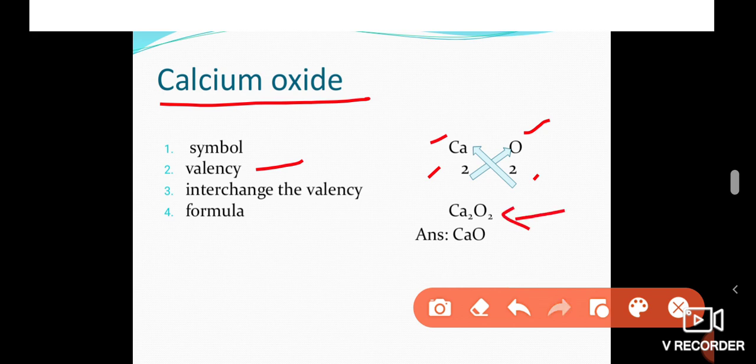So both are the same number means we simply cancel that. Now we get CaO. So write the symbol, valency, interchange the valency and write the formula. If it is 1, we need not consider that. If both are the same number, we simply strike out that.